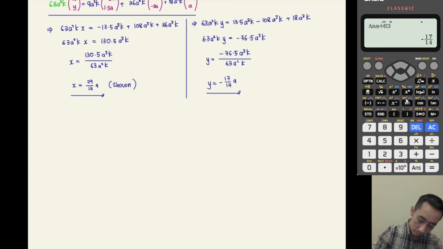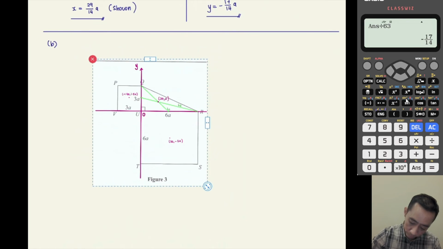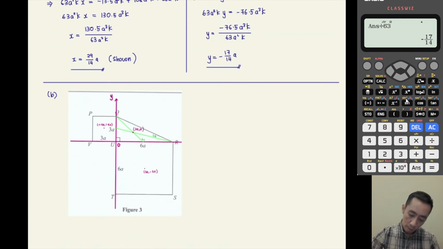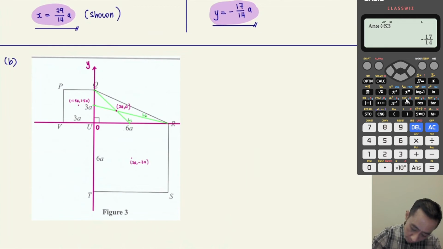So for B, here we have the diagram. Now we have found that the center is here. I use purple color. So the x is this, and then the y is this. So this is the center of mass for the whole thing. So 29 over 14, let's say somewhere here.